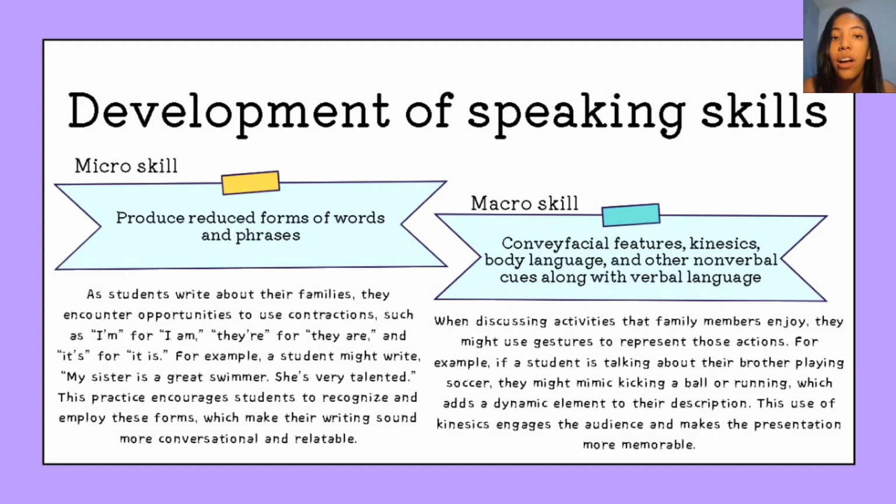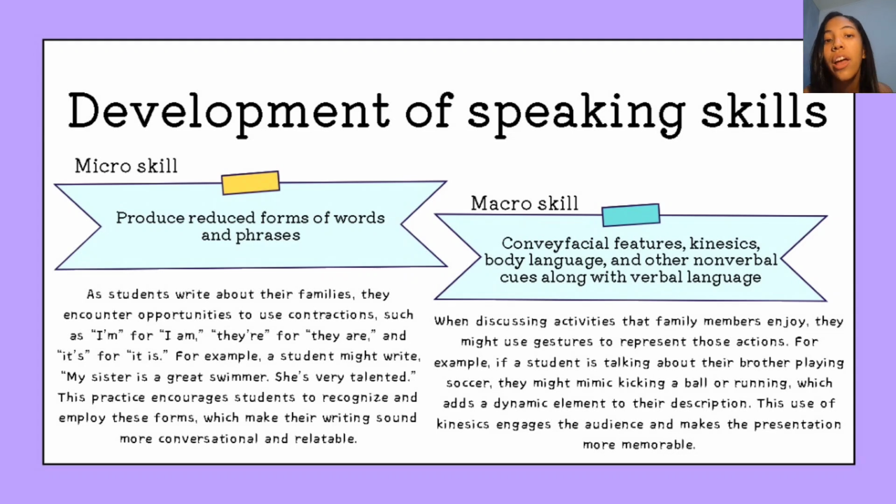For example, a student might write, my sister is a great swimmer. She's very talented. This practice encourages students to recognize and employ these forms, which make their writing sound more conversational and relatable. Understanding contractions helps students to develop a more natural writing style, mirroring spoken English.